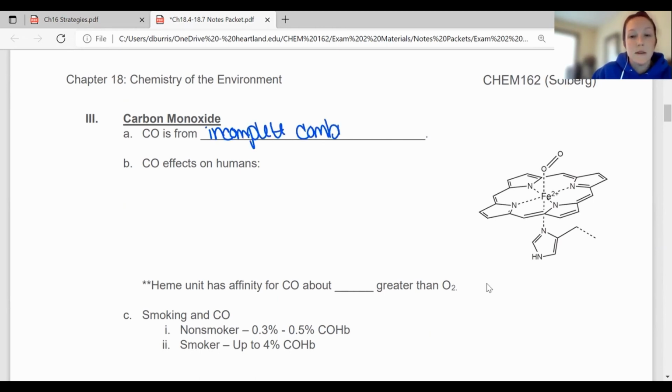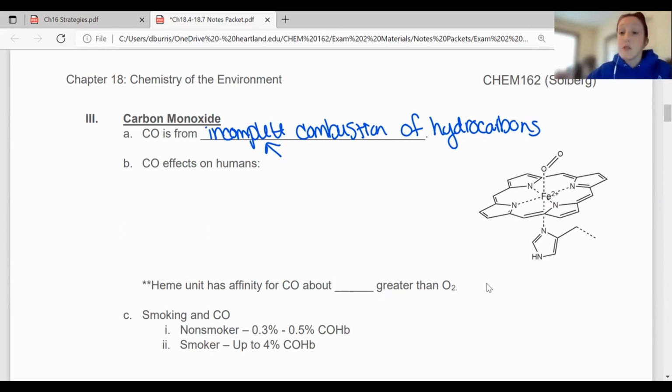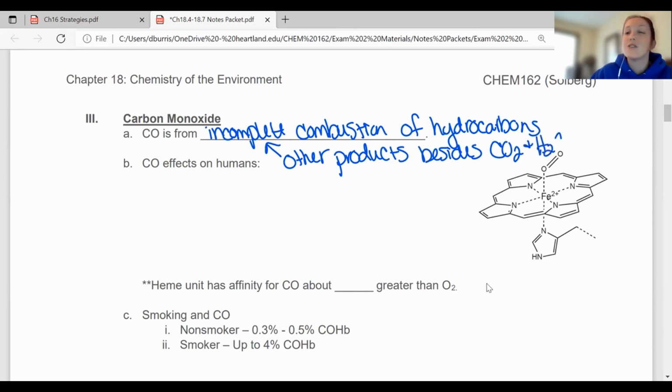Incomplete combustion just means that there are products other than water and carbon dioxide, because we always make water and carbon dioxide. It just means that there are other products besides CO2 and H2O. So you can have some side reactions, you can have some of those breaking down when they interact with each other, but a lot of the time we make some carbon monoxide.